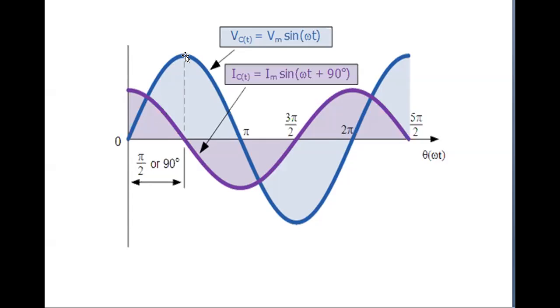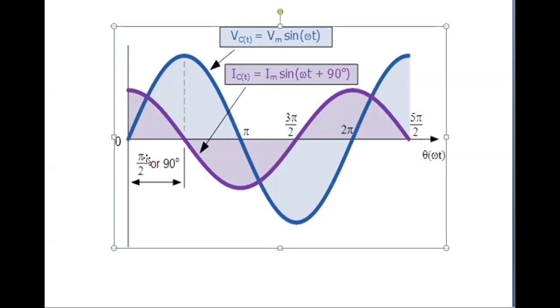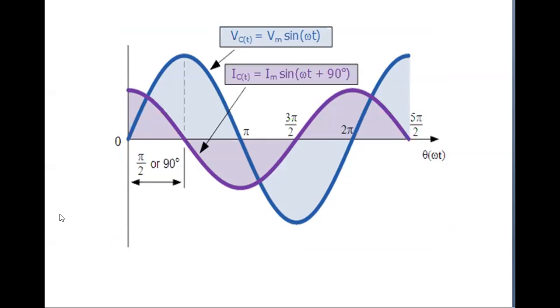So when drawing the phasor diagram, you have to draw the voltage with the maximum value and the current with the minimum value, and the phase difference between these two is 90 degrees. That means voltage lags current by 90 degrees, or else current leads voltage by 90 degrees. So this is the waveform with respect to RLC connected across an AC source.